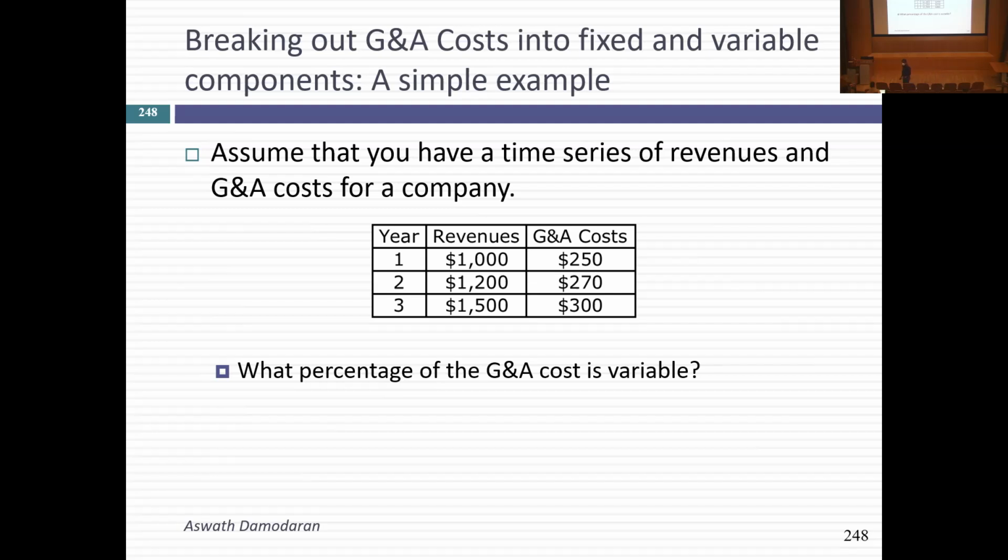Can you use that information to extract at least a measure of how much of the G&A cost of 300 million in year 3 is fixed and how much is variable? It's just basic statistics and common sense. Take a look at those numbers. We'll start with that question because we want to be focused on the incremental expense, not the total expense when we look at rejecting or accepting a project.